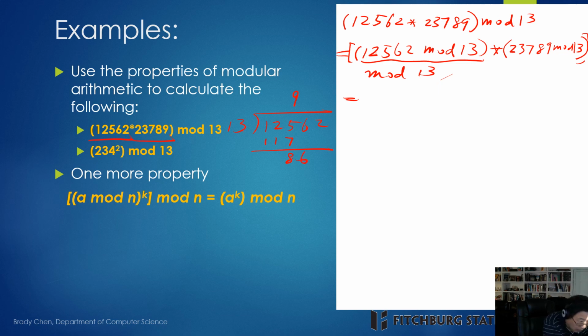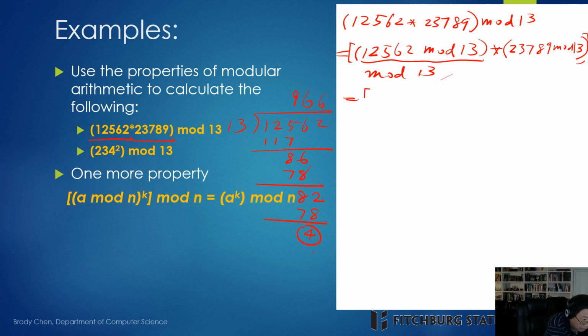And then we put the 6. So 86 minus 78, that's 8. And then we put the 6 again, and we get 78. So 82 minus 78, that's 4. So that's the remainder, right?